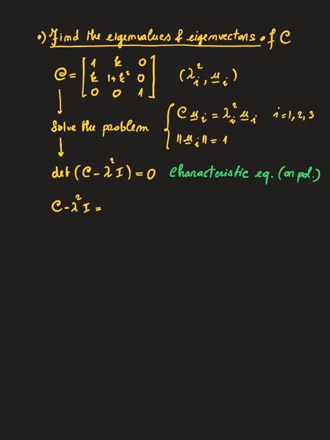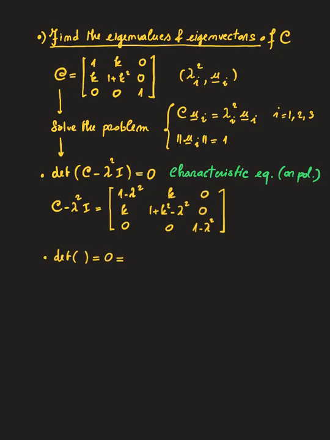So we get 1 minus lambda squared, k, 0; k, 1 plus k squared minus lambda squared, 0; 0, 0, and 1 minus lambda squared. Okay, so this is this matrix, and I have to impose the determinant of this matrix equal to 0.